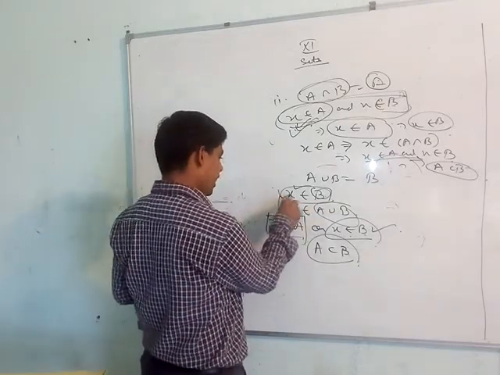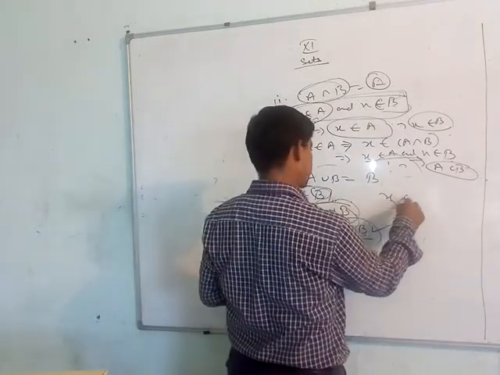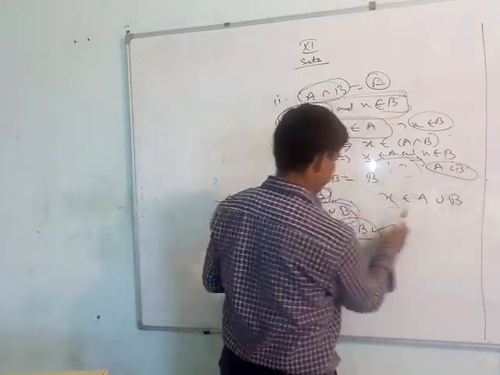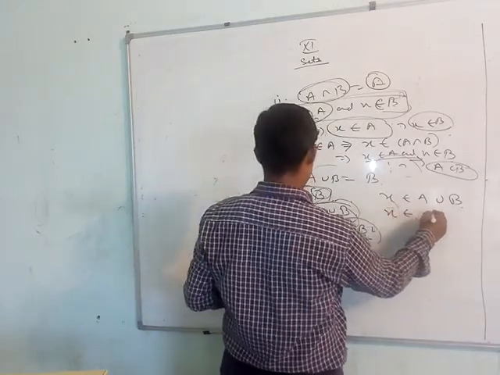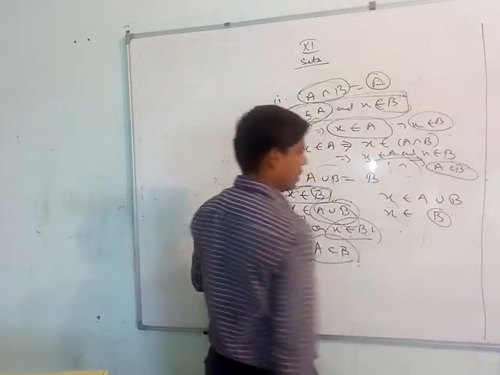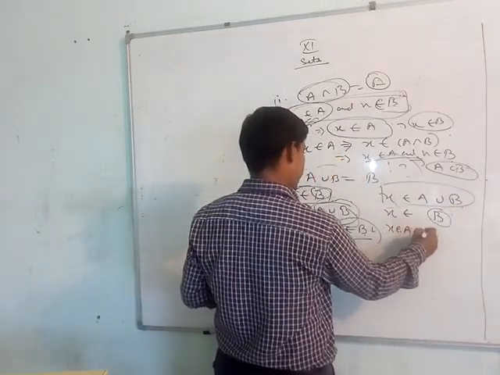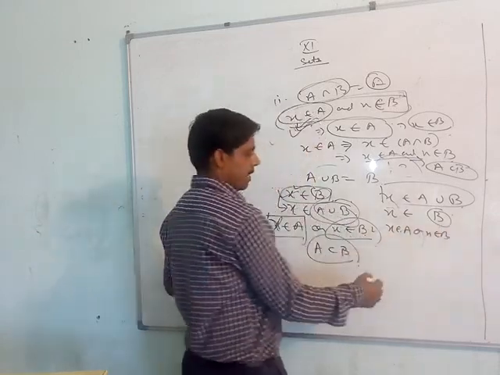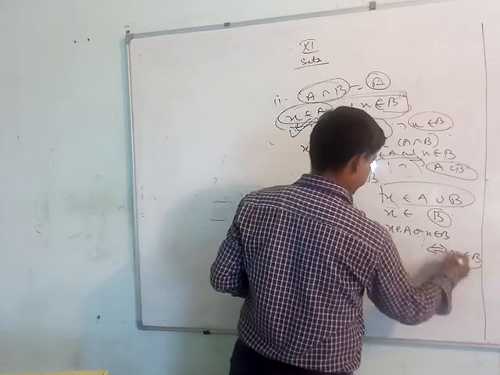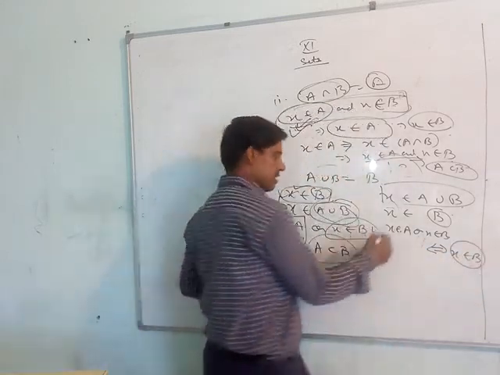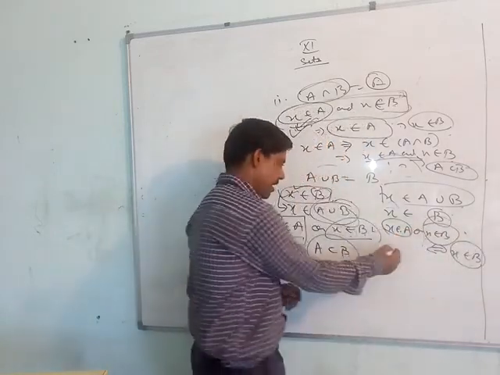Or we can start from here: x belongs to A union B, ठीक है, and this implies x belongs to B. So from here we are getting x belongs to A or x belongs to B, and this is the same as saying x belongs to B. So whether x is in A or not, it has to be in B. Therefore A is subset of B.